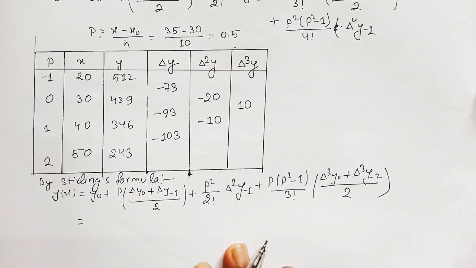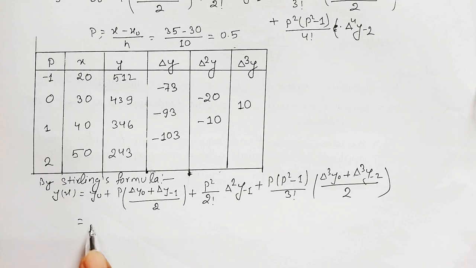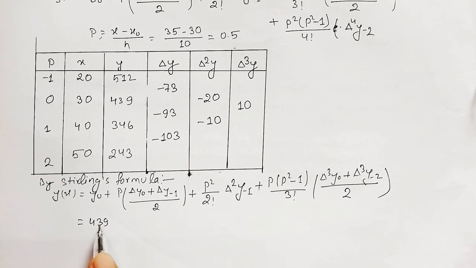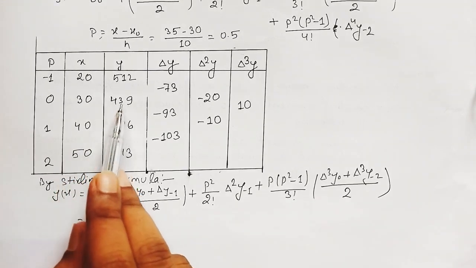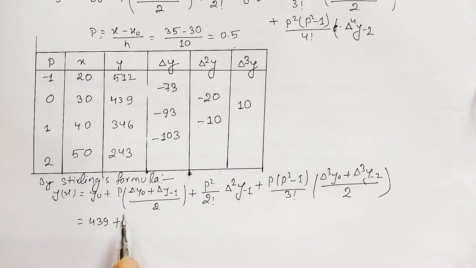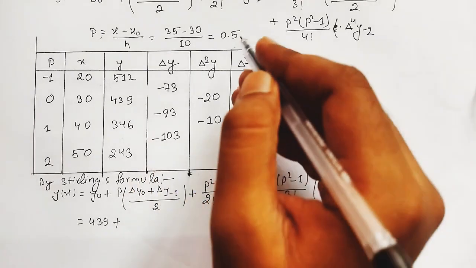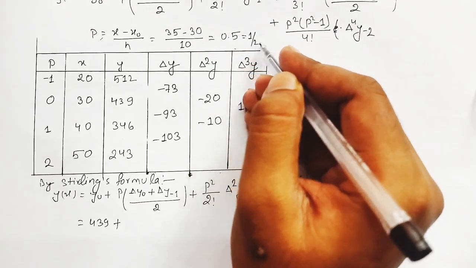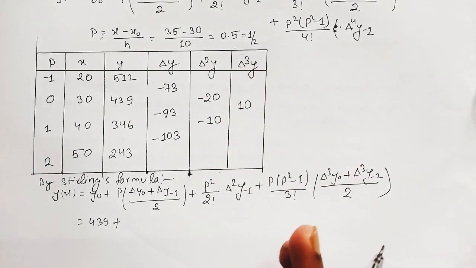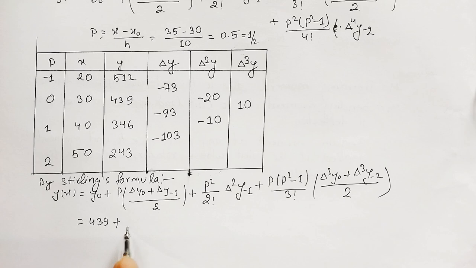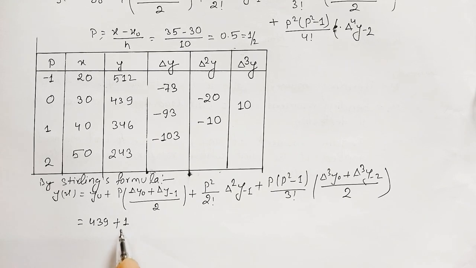So on substituting the values, we have y naught value as 439, so 439 plus we have calculated the value of p as 0.5, so I am going to write it as 1 by 2 here. It is up to you, you can use the decimal value also, or you can use the fraction value also. It will not create any kind of problem.